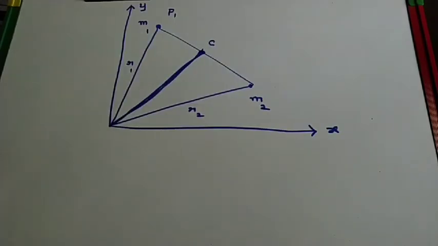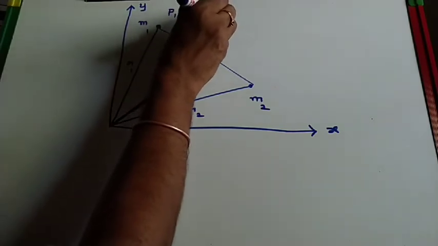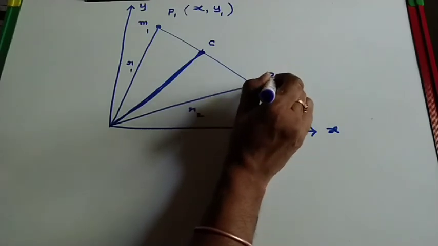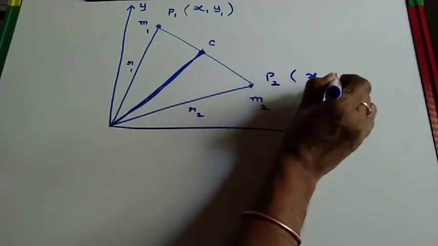My dear students, now once again I am explaining this point. P1 is nothing but x1, y1 and the point P2 has coordinates x2, y2.